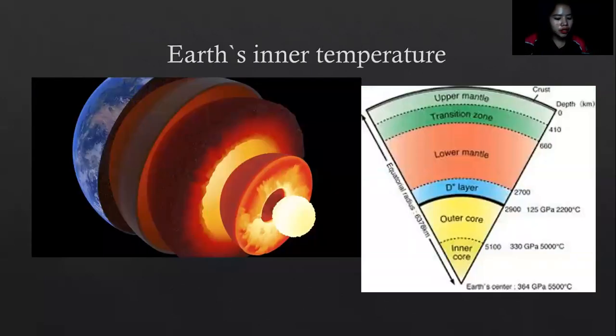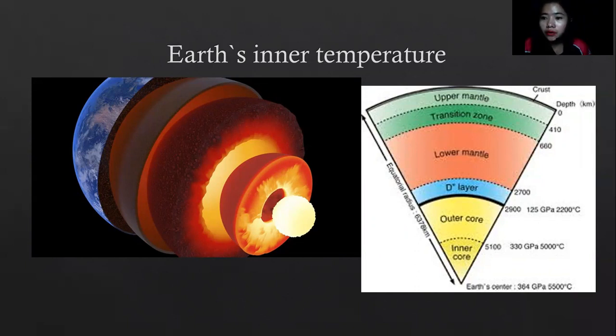Now the Earth's inner temperature. We have the layers: the inner core, the outer core, the mantle, and the crust. In terms of composition, the inner core is solid metal, the outer core is liquid metal, the mantle is heated rock, and the crust is cooler rock.